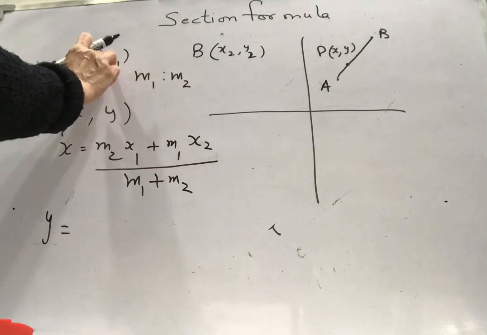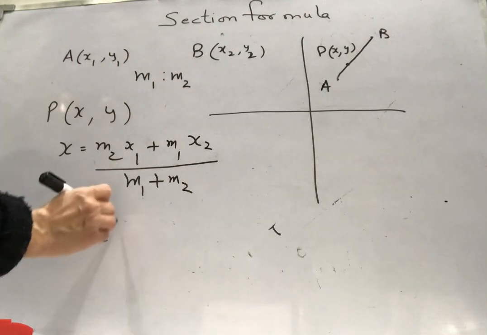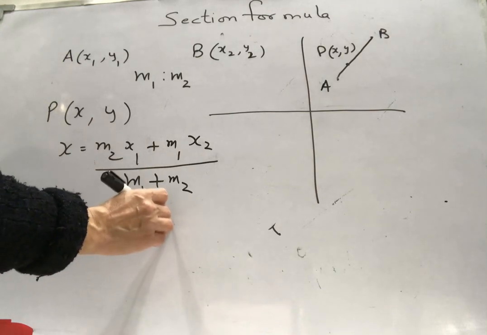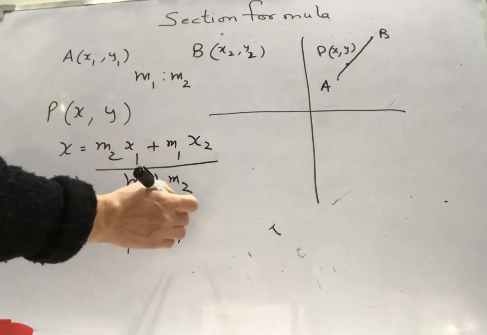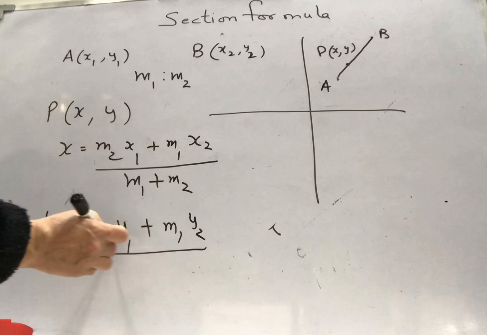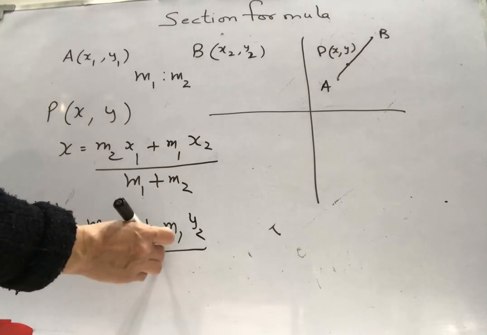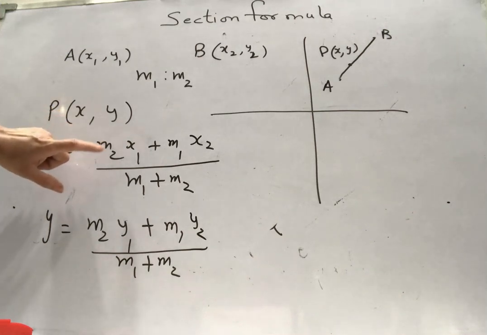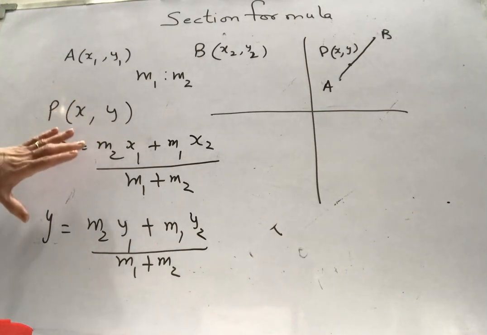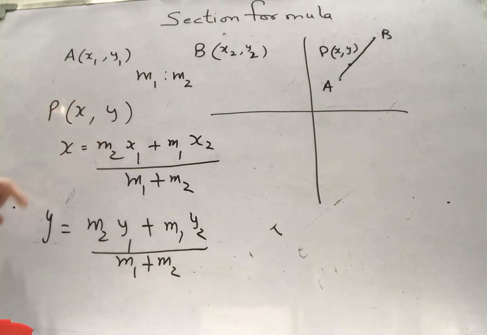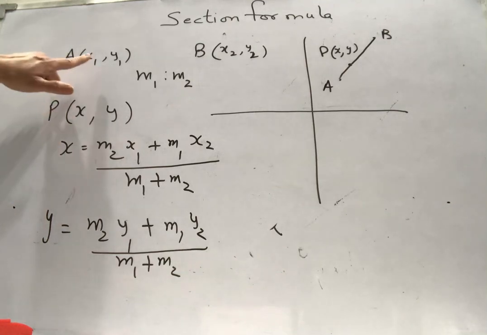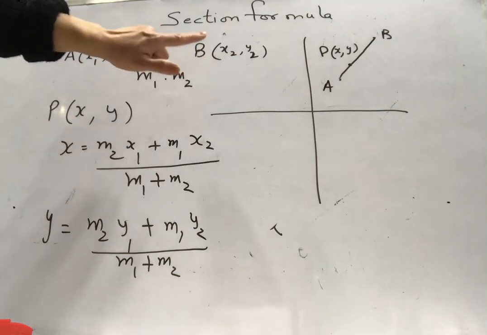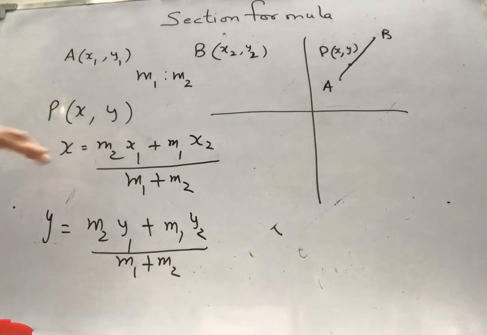Again m2 I multiply with y1, m1 I'll multiply with y2, and the denominator will be m1 plus m2. So it's easy to remember the formula. This is my section formula, which gives me the coordinates of point x and y if A and B are given.